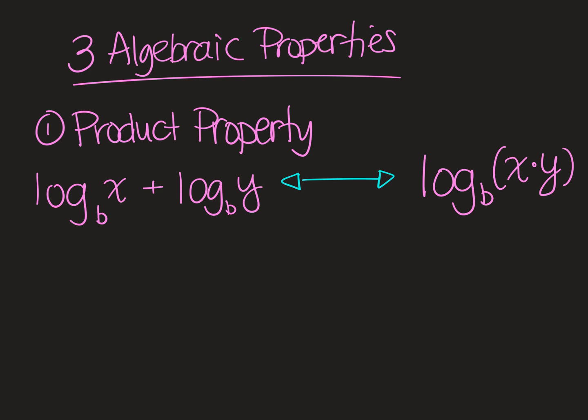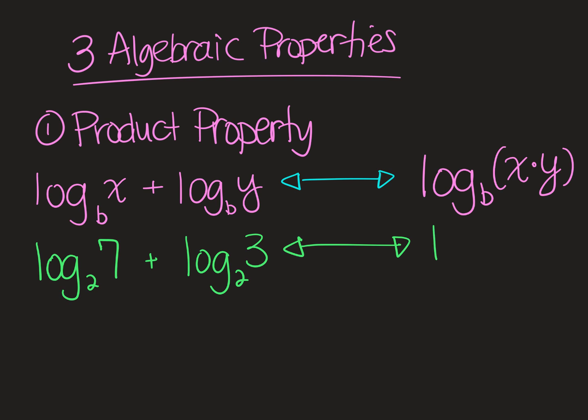So numerically, if I were to put some numbers to this, I could say something like log base 2 of 7 plus log base 2 of 3 is the same as the log base 2 of 7 times 3. Now, I could multiply those together and get 21. That's acceptable. But I just want to compare that to the generic and the one that actually has some numbers attached to it.